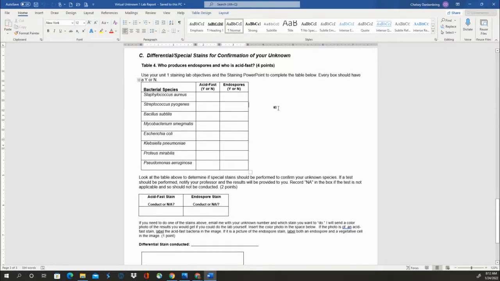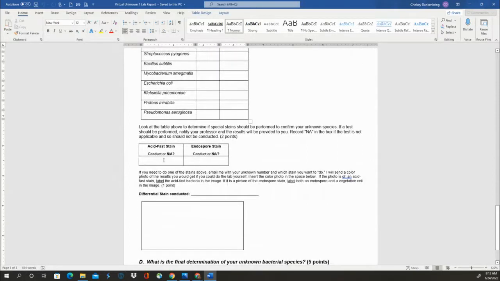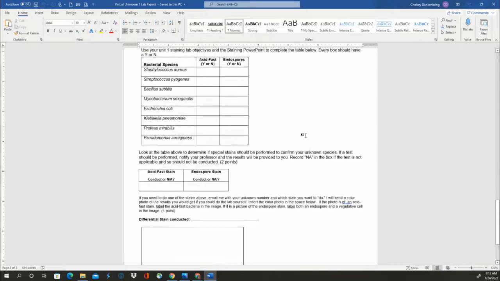So then you're going to say, okay, do I need either of these stains done for my unknown? Okay, now I'm just going to make up information here. This is false information.